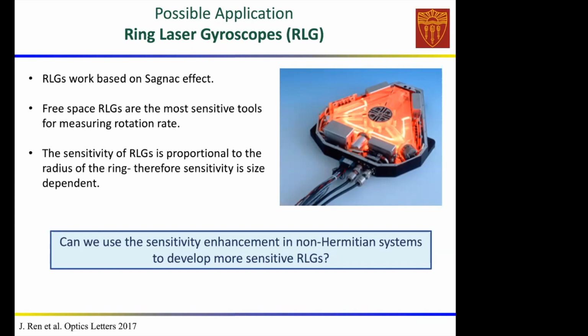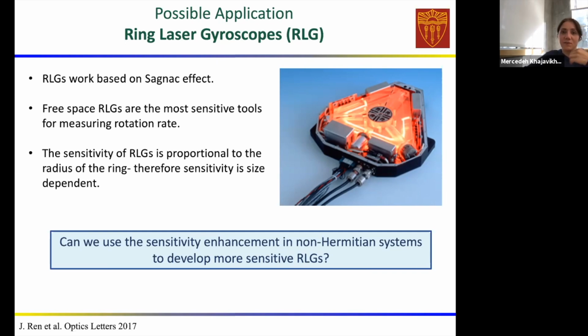Thank you. So back in 2017, we asked what we can do with this enhanced sensitivity. A lot of people have very nice, very high-Q resonators that can measure even single molecules.